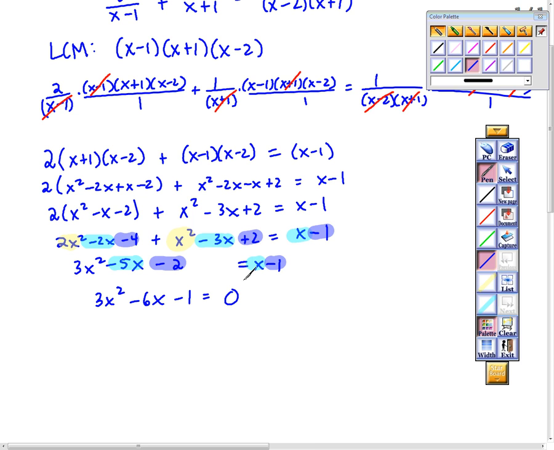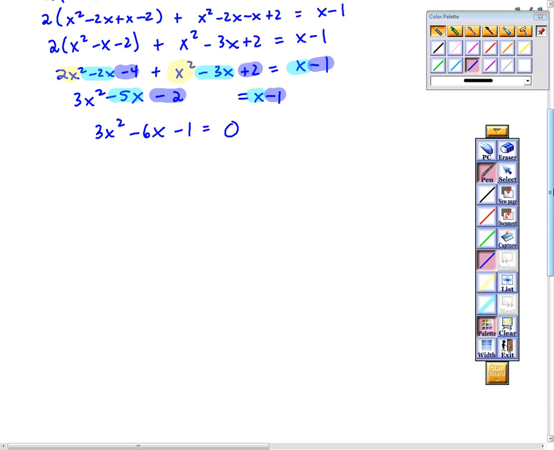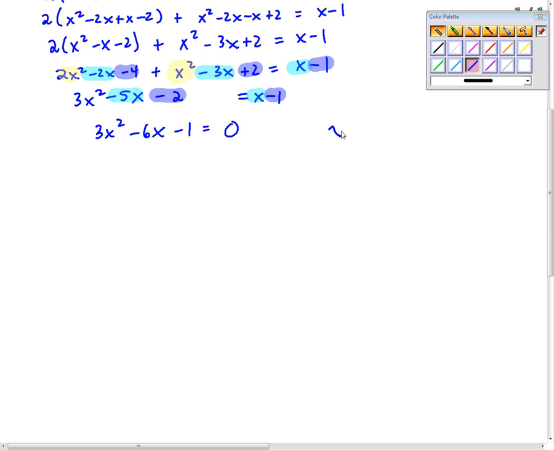Okay, this is a quadratic equation. So we can solve it by completing the square, or by factoring, or by the quadratic formula. I'm going to go ahead and solve it by the quadratic formula. Remember, the quadratic formula looks like this: x equals negative b plus or minus the square root of b squared minus 4ac all over 2a.